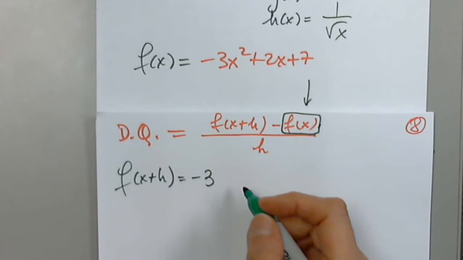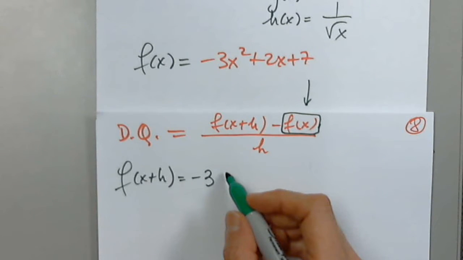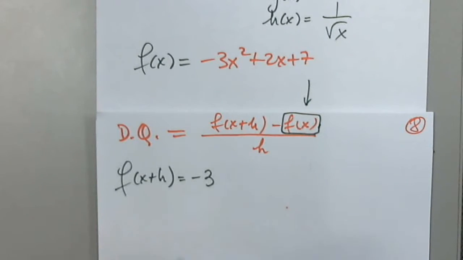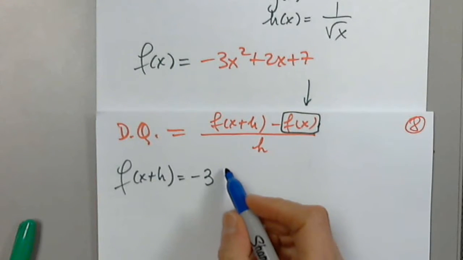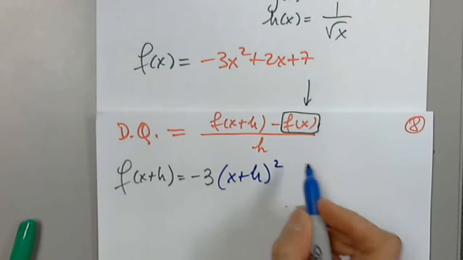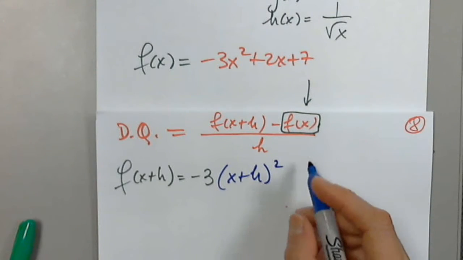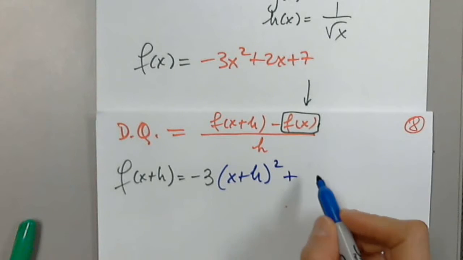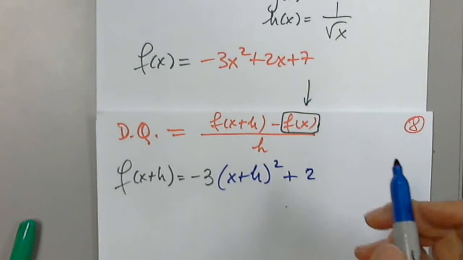Negative 3 into x... Negative 3 times x plus h, squared. Very good. Plus 2x. No, it's 2. 2x.